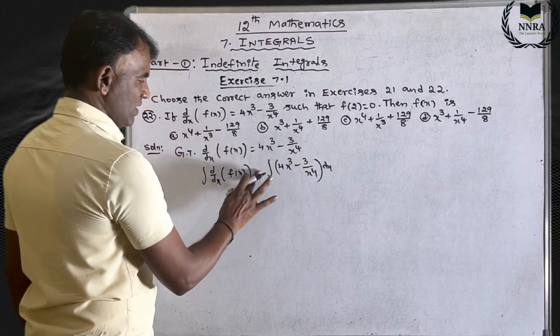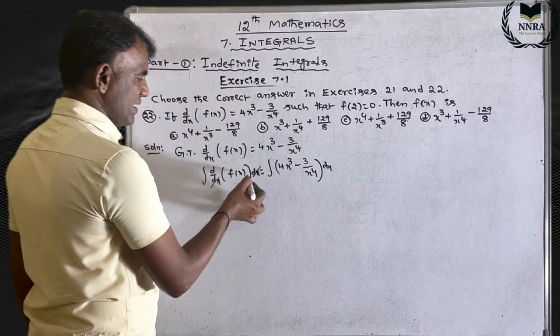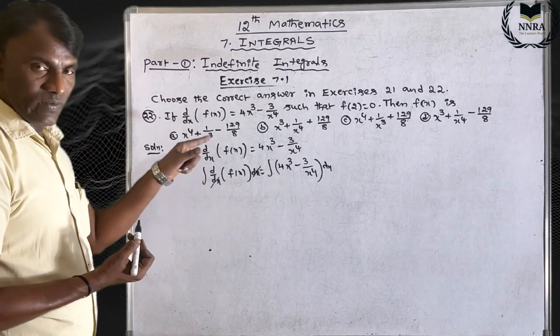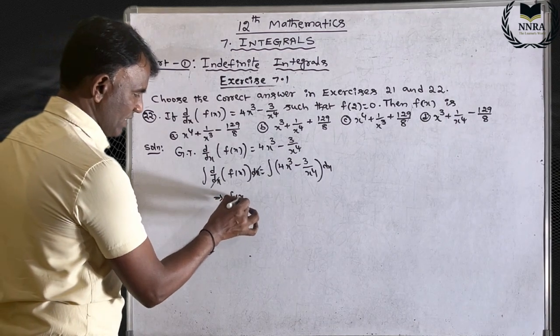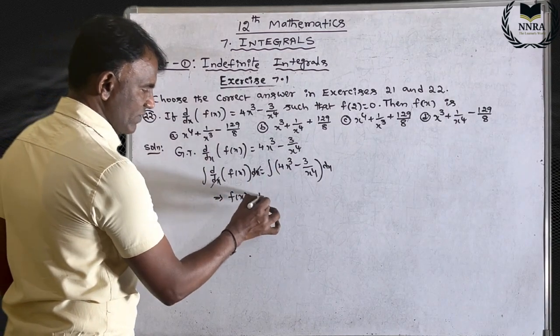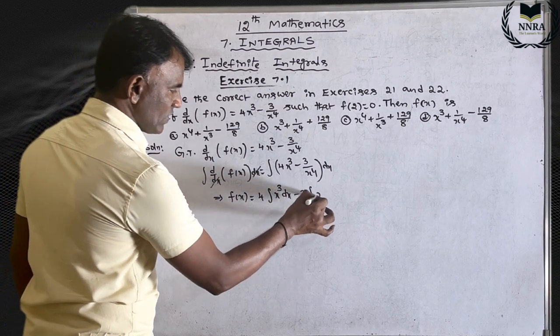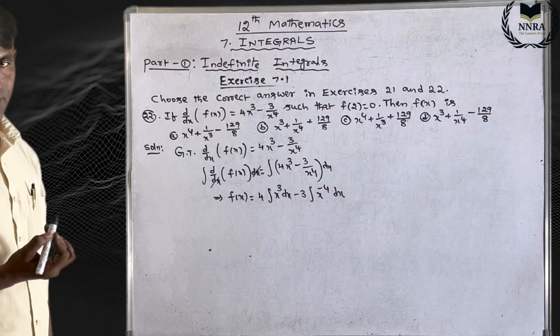If we want, we can just write a dx. Now this dx gets cancelled. Again, the integral symbol and derivative symbol both get cancelled. Then what is the remaining value here? F of x. And coming to this, 4 into integral x cube dx, and 3 into, if you write it in the numerator, we get minus 4.